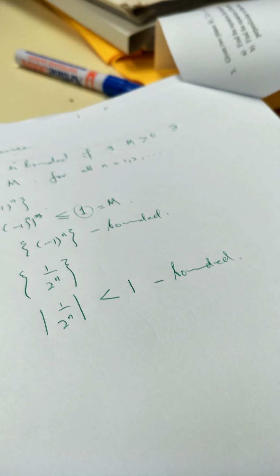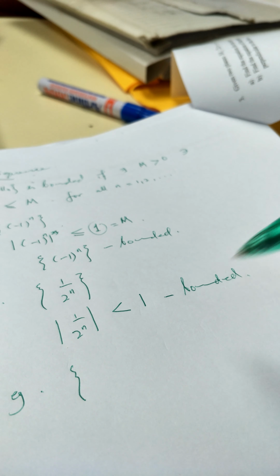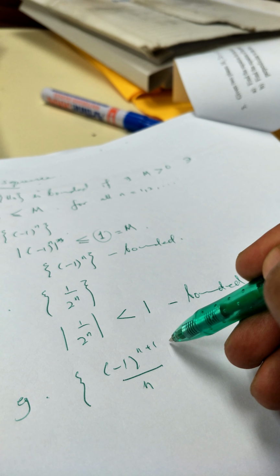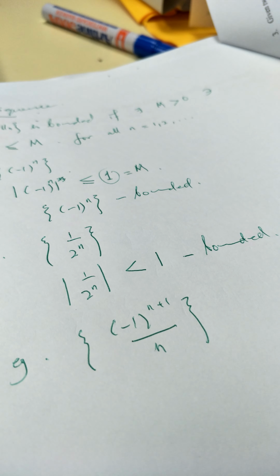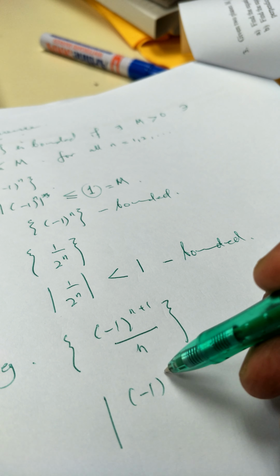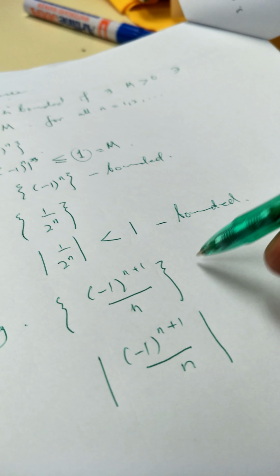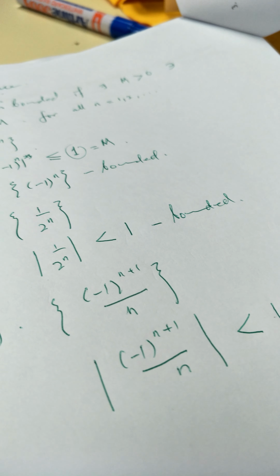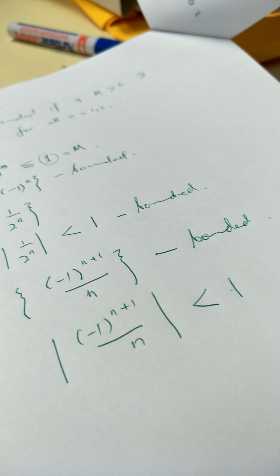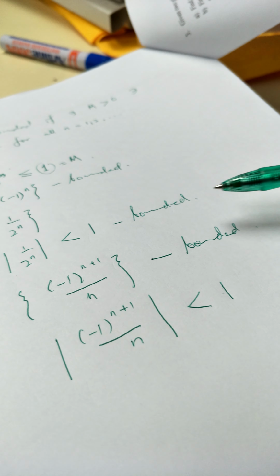Another example, so that you can see this clearly: -1 to the n plus 1 over n. Again, if you take the absolute value, this is again less than 1. So again this sequence is bounded. All the sequences here are bounded.